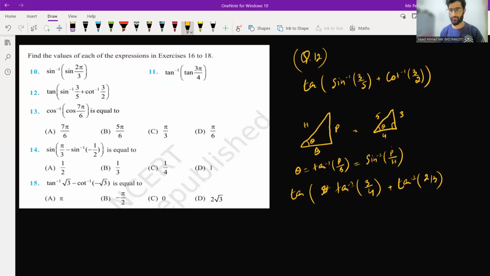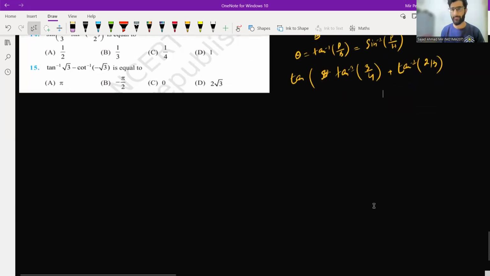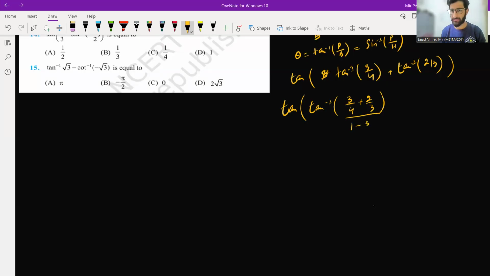So what do we get from this? We get tan inverse of A plus tan inverse of B. We saw above, this is tan inverse of the sum of these things, 3 by 4 plus 2 by 3 divided by 1 minus 3 by 4 into 2 by 3.